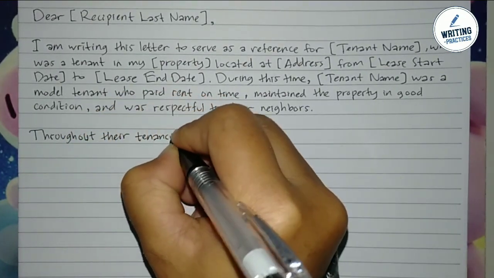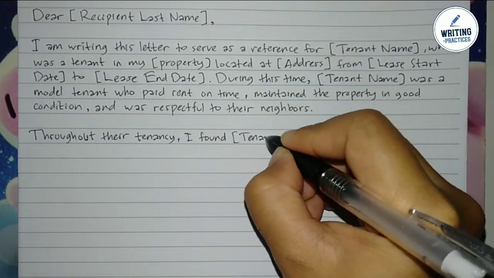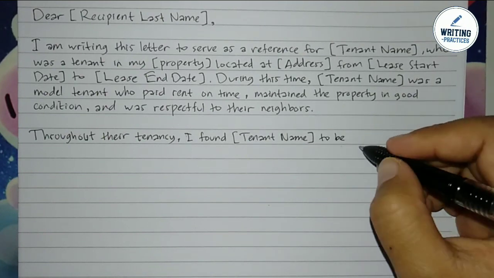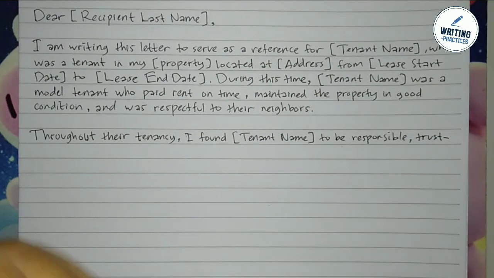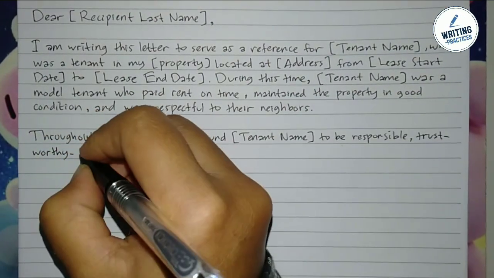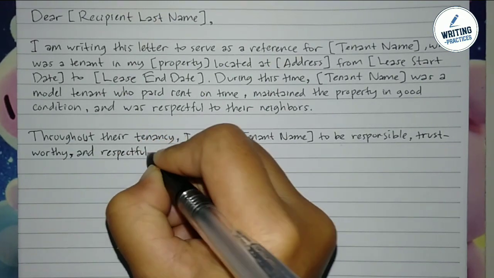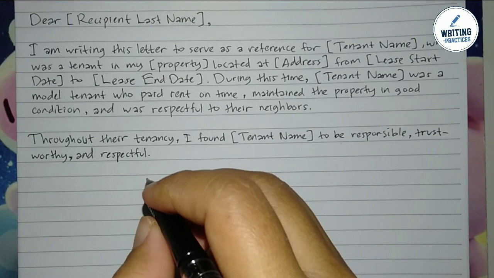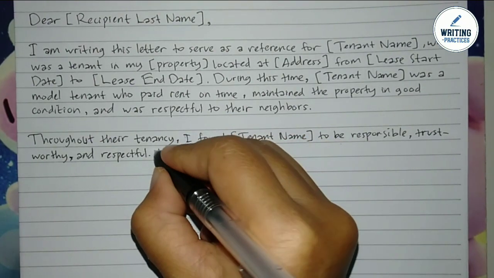In the second paragraph, tell more about the personality of the tenant that impress you. For example, you can say that during the tenancy, the tenant was responsible. Or mention any other good characteristics like the tenant was trustworthy and respectful.